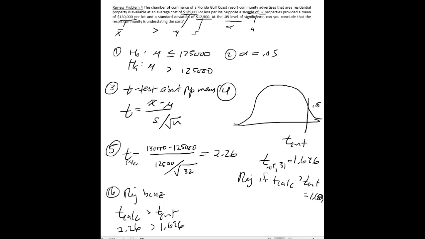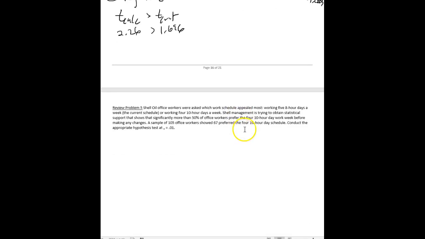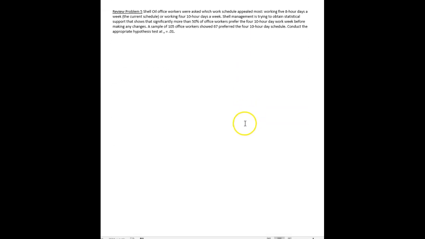Okay, problem 5. Review problem 5. Shell Oil office workers were asked which work schedule appealed most, working 5 8-hour days a week, the current schedule, or working 4 10-hour days a week.